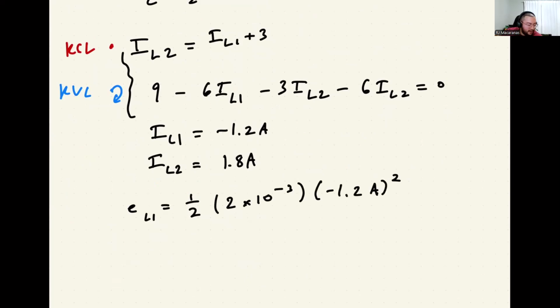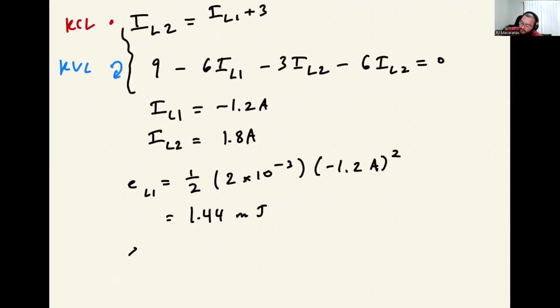I square that, and I find that the energy in inductor 1 is 1.44 millijoules. You can repeat that to figure out the energy in inductor 2 to be 6.48 millijoules.